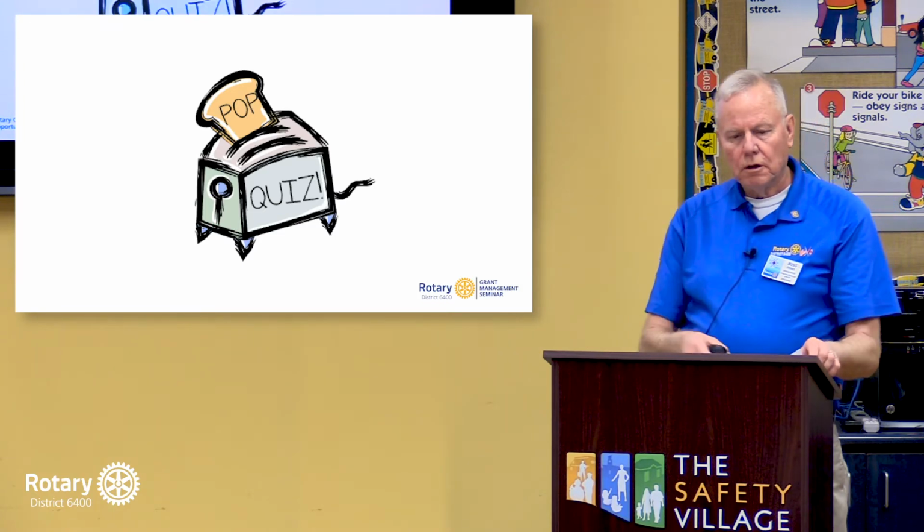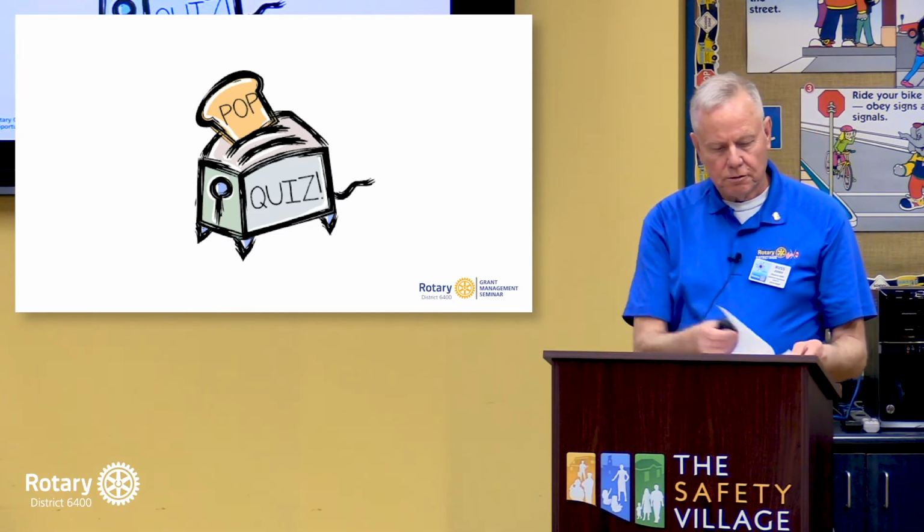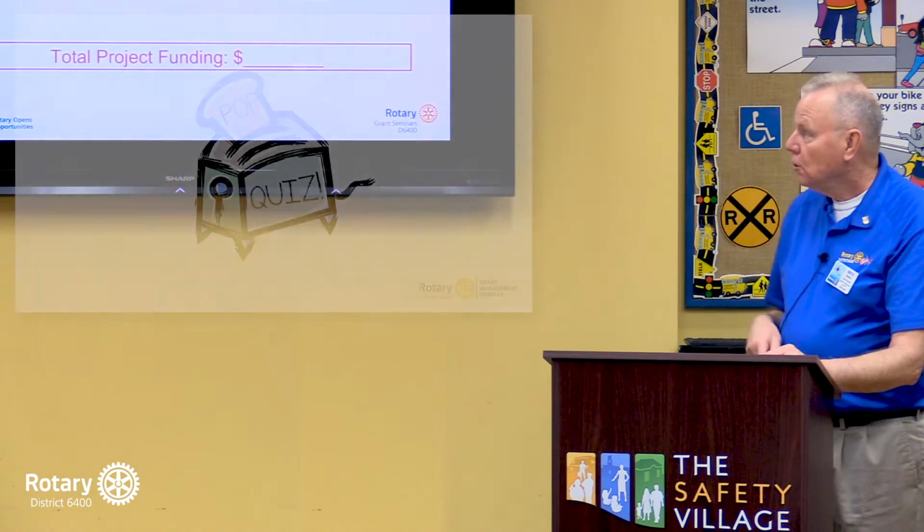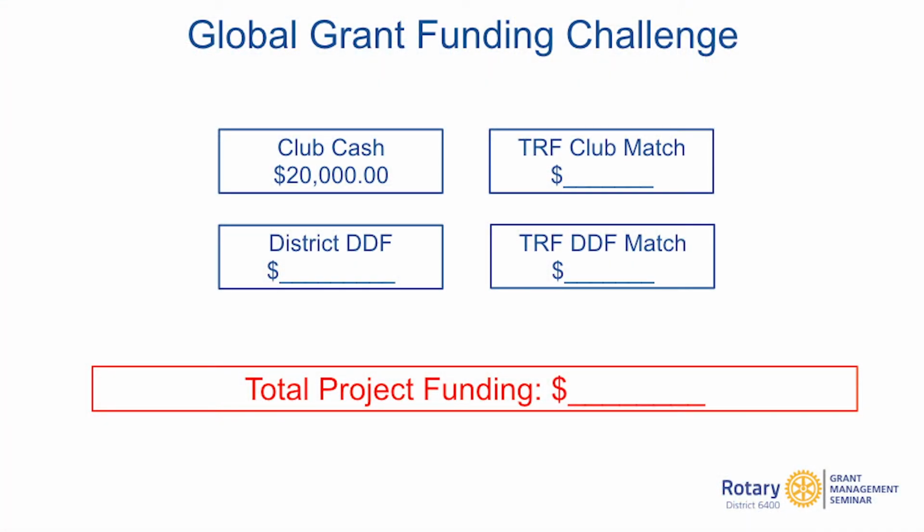So, pop quiz. Get your pencils out. Okay, your club has got $20,000 for a grant, a global grant. How much will the Rotary Foundation match those $20,000? Anyone? Loud. $10,000 is what you're asking. The district is going to provide how much DDF?